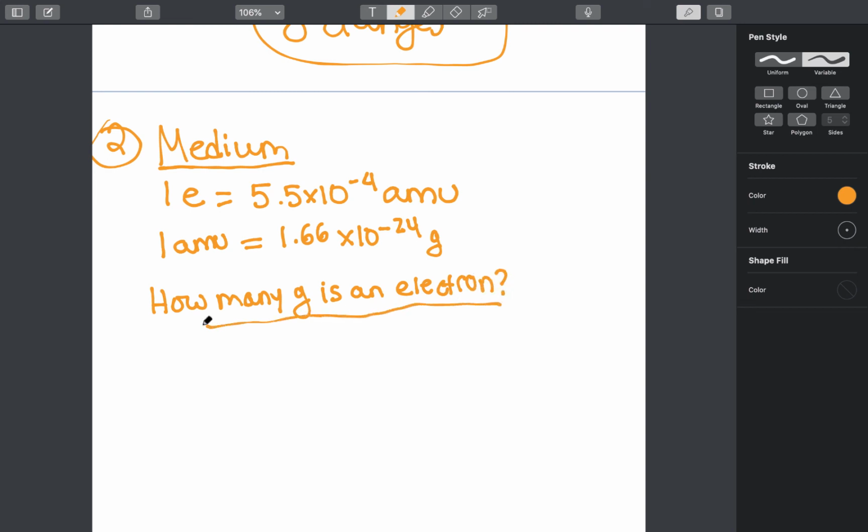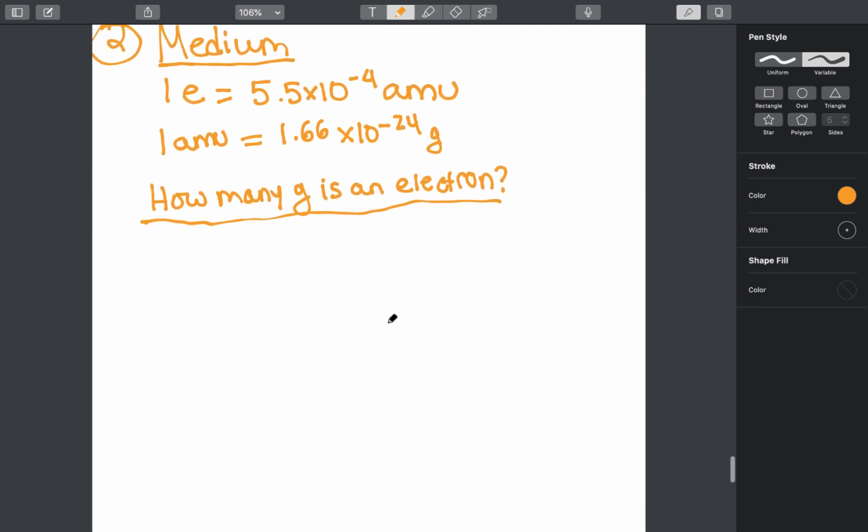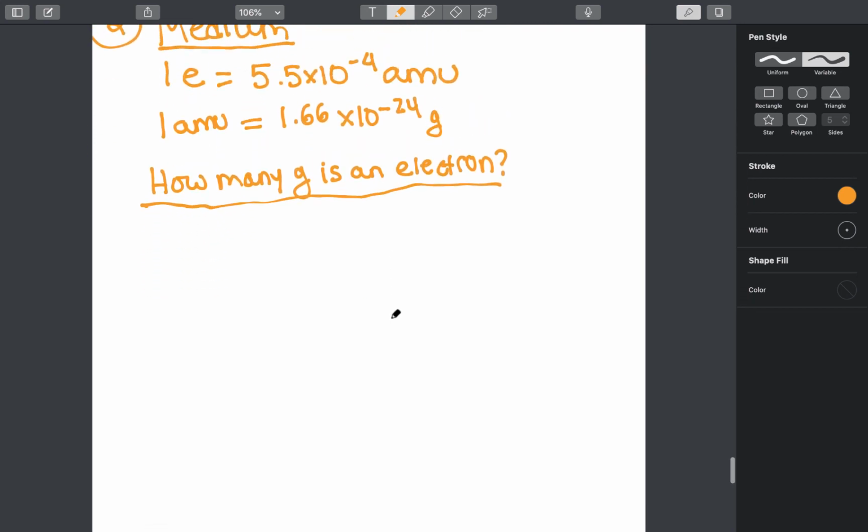So I encourage you to pause the video and try it for yourself. All right, I hope you paused the video and tried it for yourself. So let's go on and figure this out. So if an electron weighs 5.5 times 10 to the negative 4th atomic mass units, we need to multiply this by the conversion factor.